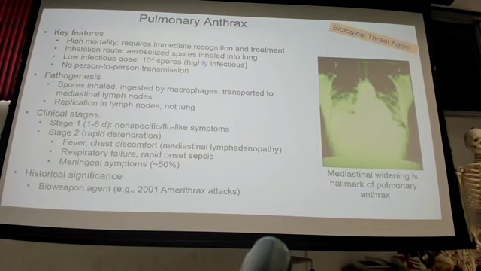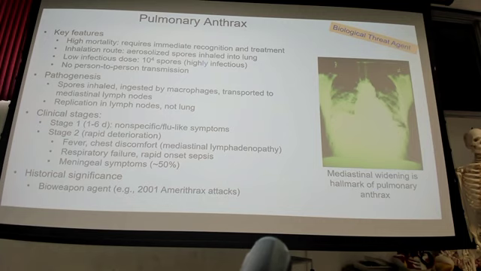By the time you have all of that going on, some of that pathology is like respiratory failure, because the mediastinal lymph nodes are so swollen and distended at that point. That could be pressing on your heart. It can cause some chest discomfort from the extreme swelling that's going on and the edema from the edema toxin.